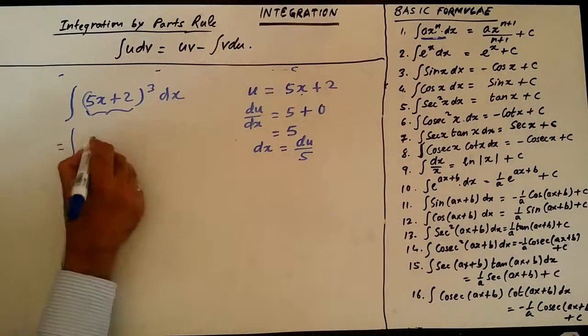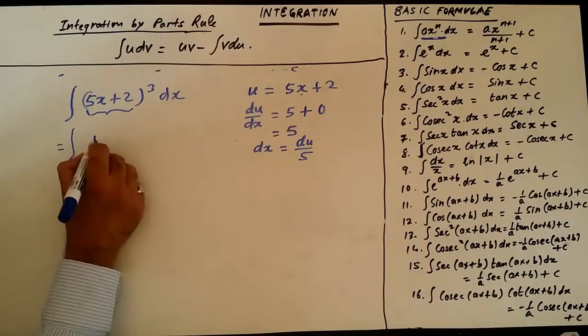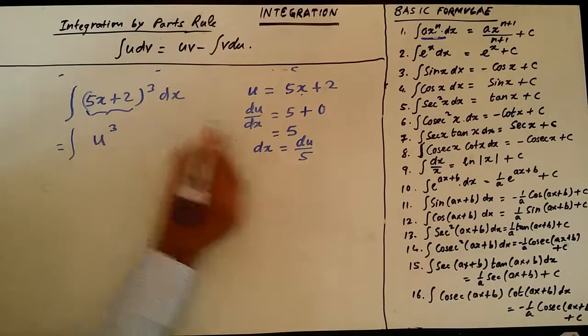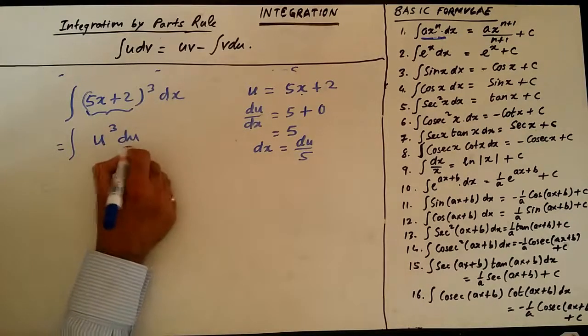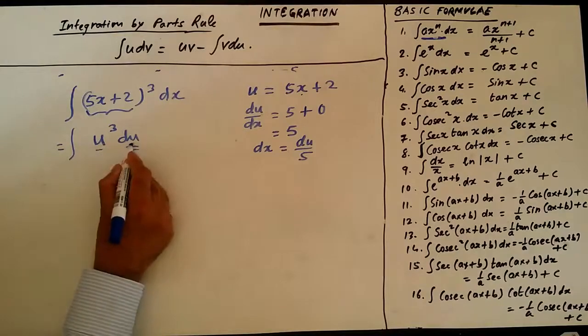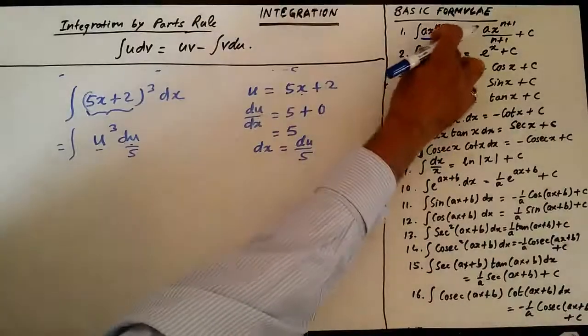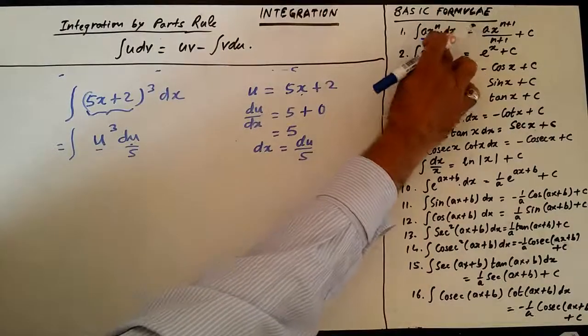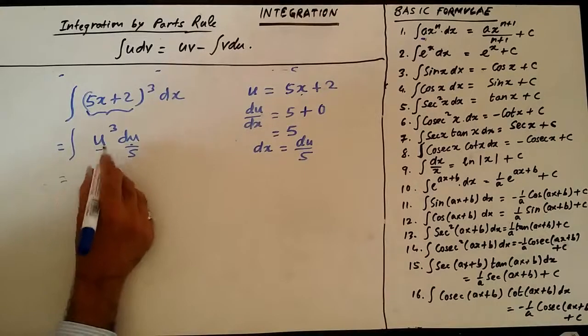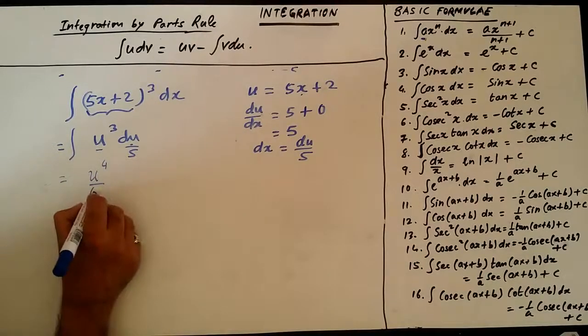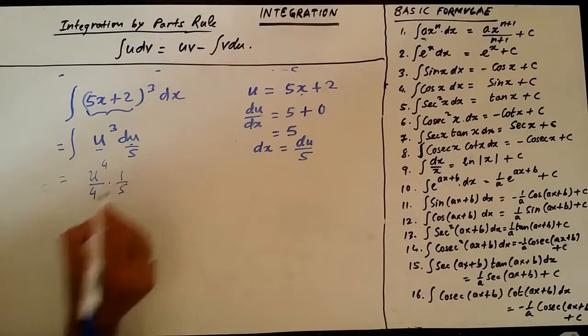So this will be having 5x plus 2 as u. So u to the power 3 and dx is du by 5. So we have everything in terms of u now. So now this is very easy, and it is of the basic form of the integration. So this will be u to the power 3 plus 1, which is 4, by 4 into 1 by 5.